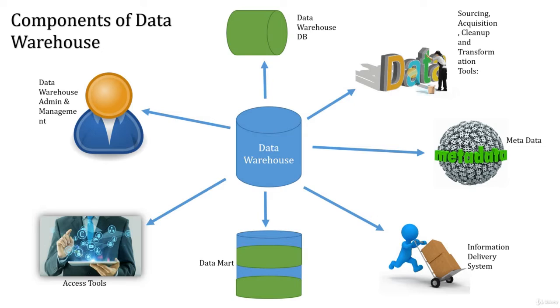Your operational databases can have so much information which is not really helpful for making business decisions with the help of historic data in the data warehouse. So you have an employee name, employee age, employee religion.